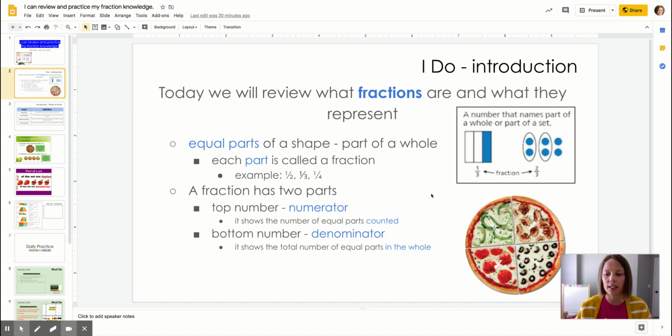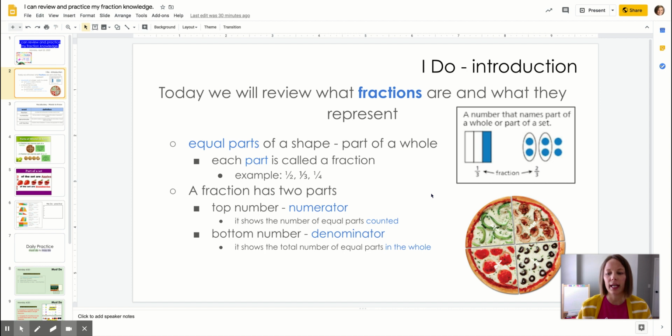On another section, I see a topping of green peppers, a section of pepperoni, and a section of black olives. So if I'm looking at this pizza, I could say that there are 4 equal parts. So 4 becomes my denominator. That's the number of equal parts that are in my whole pizza.